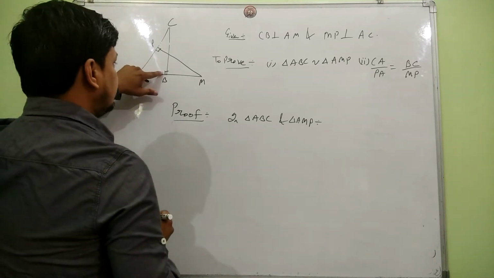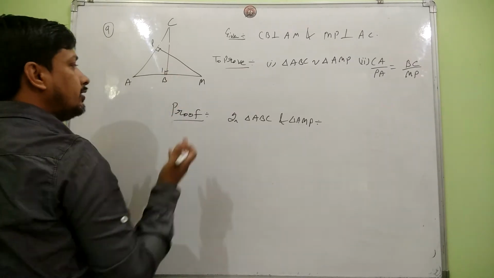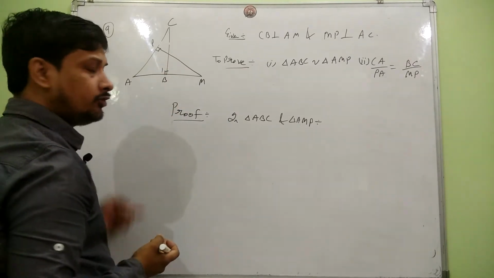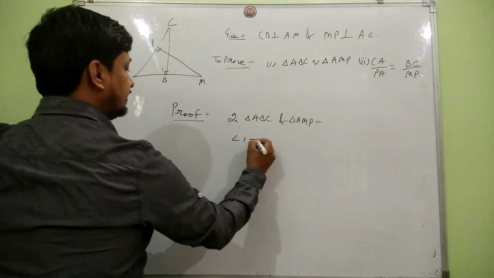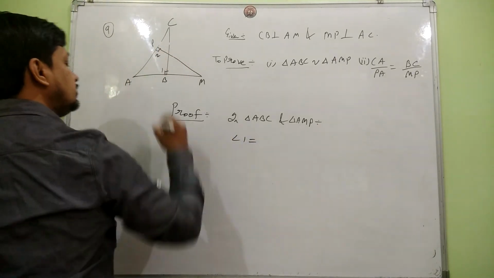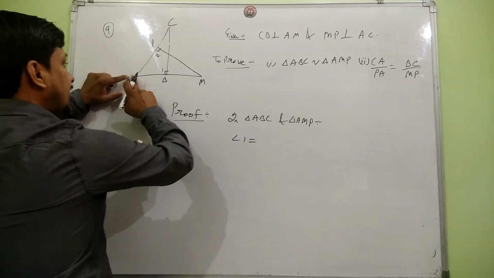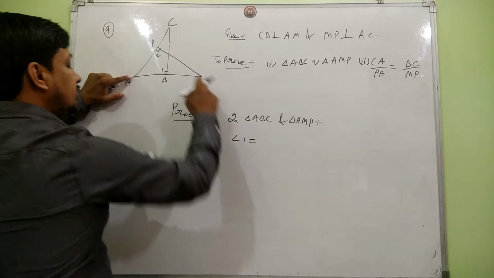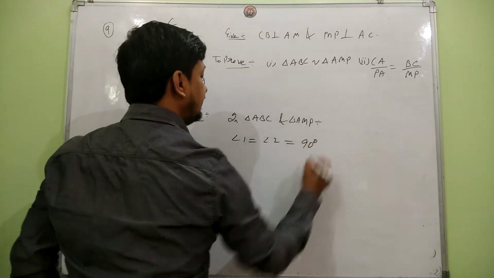Let us consider this angle to be angle 1, or if you want, you can write the full name, angle ABC. And this to be angle 2. So angle 1 of this triangle is equal to angle 2 of the other triangle, because both are 90 degrees.